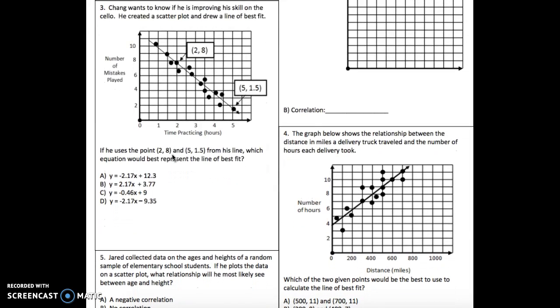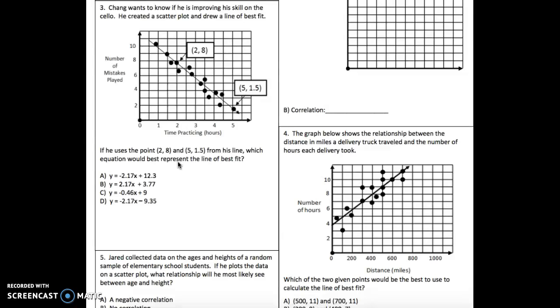Number three, Chang wants to know if he's improving his skill on the cello. He created a scatter plot and drew a line of best fit. If he uses 0.28 and 1.5 from his line, which equation would best represent the line of best fit? So what I'm going to do first is find my slope. I'm going to do y minus y over x minus x using those 2 points.